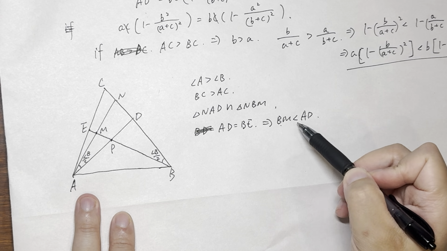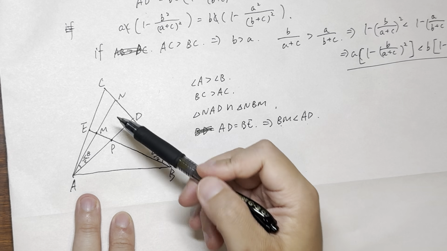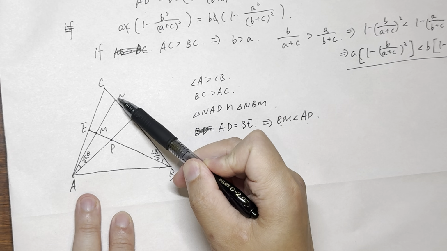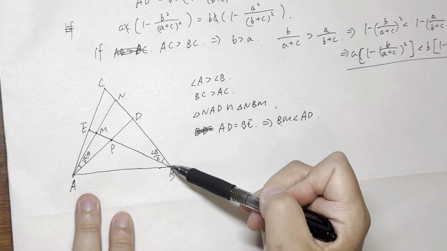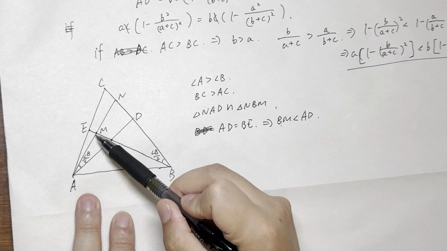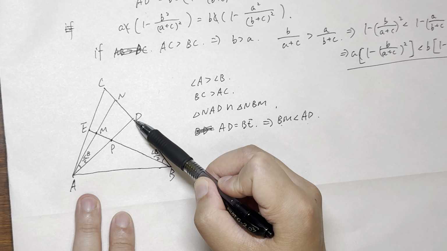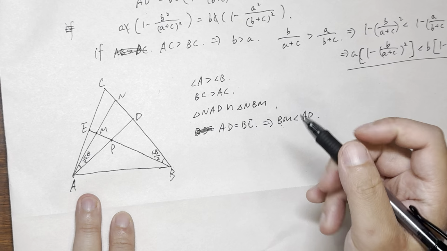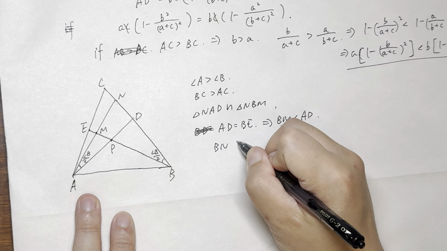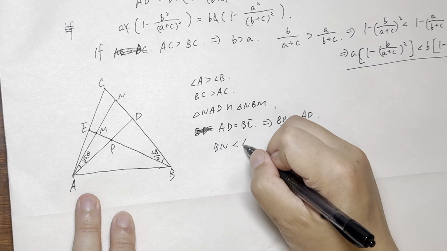And because BM is smaller than AD, looking at triangles NAD and NBM, we know that BN is smaller than AN.